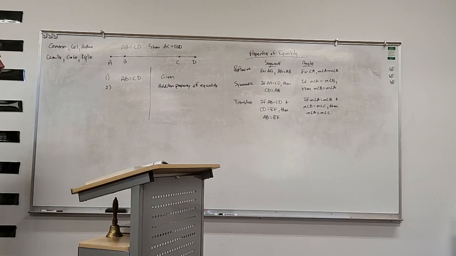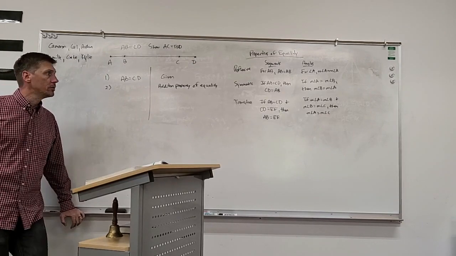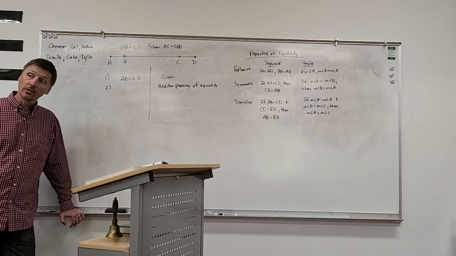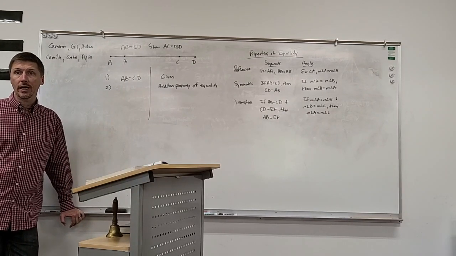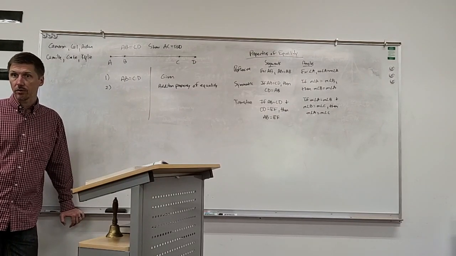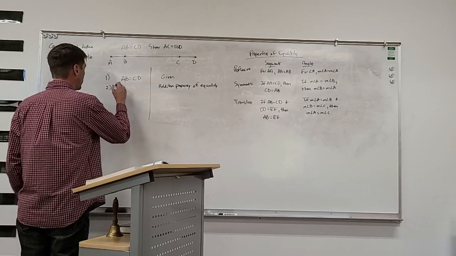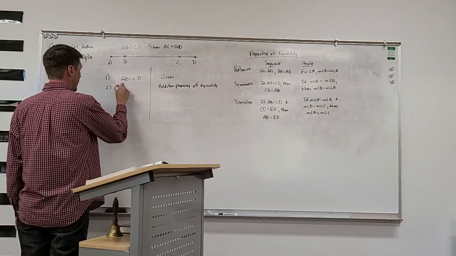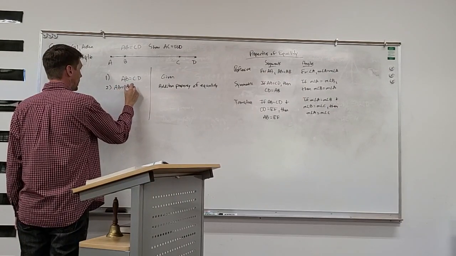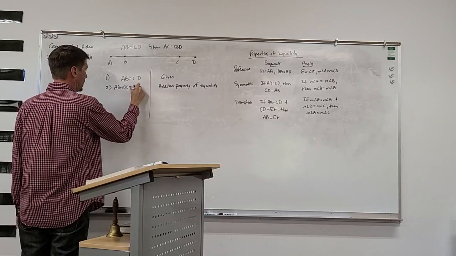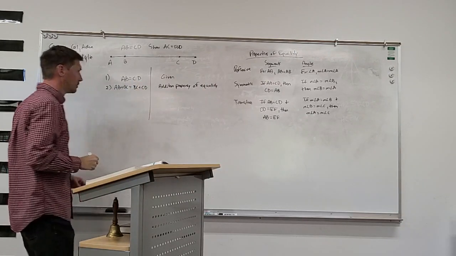The reason we're using that one is because that property tells us that if I add something to one side of an equality, I can add the same thing to the other side and they'll still be equal, right? So for this one, what we're adding to both sides is BC. So AB plus BC, we can say that equals, and they write it in this order, BC plus CD.